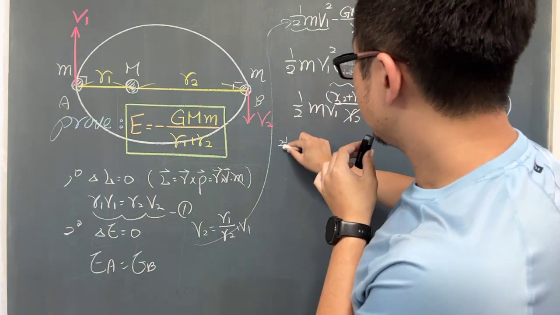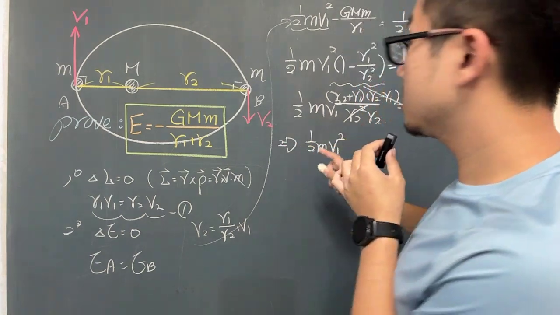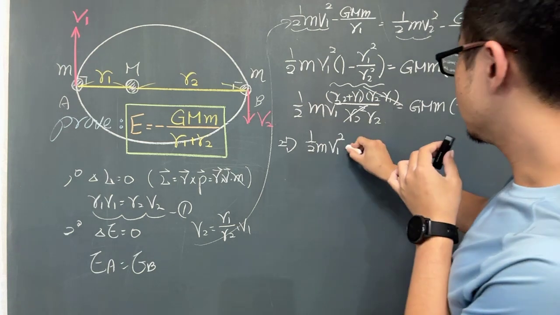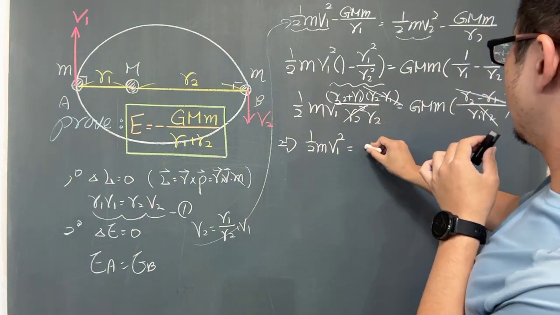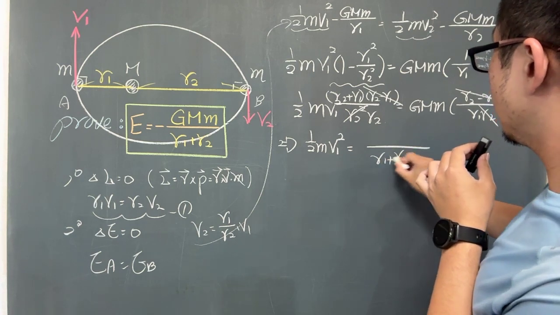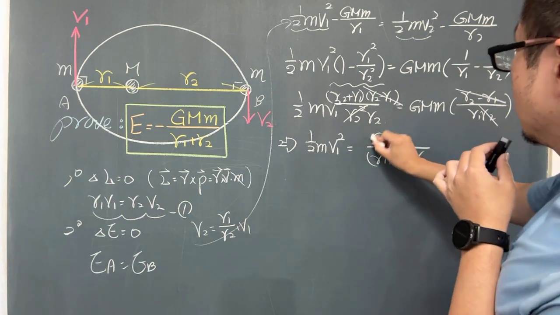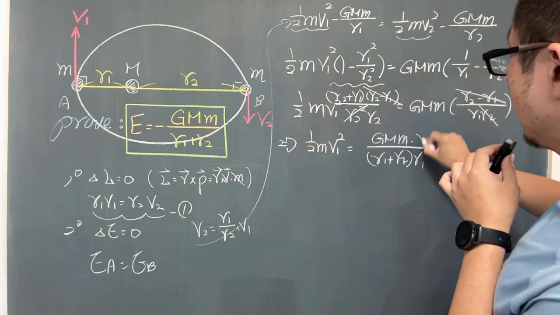So I can get that the 1/2 m v1 squared, which is the kinetic energy at point A, is equal to G times mass times r2 over r1 times r1 plus r2.